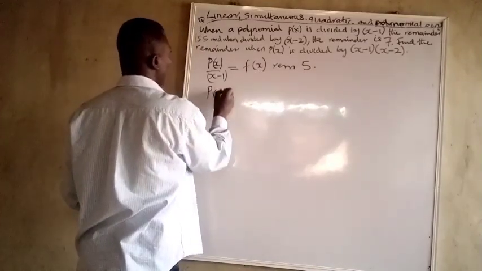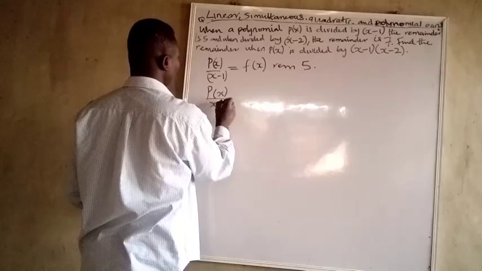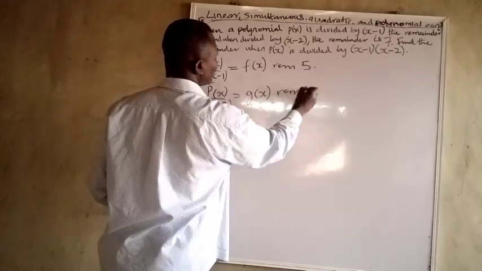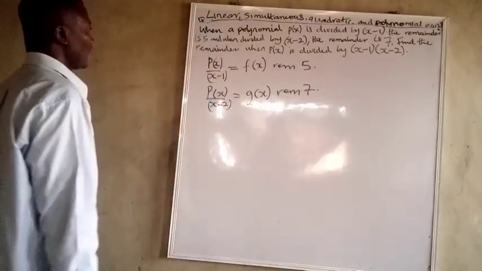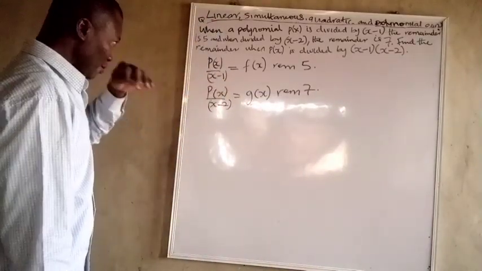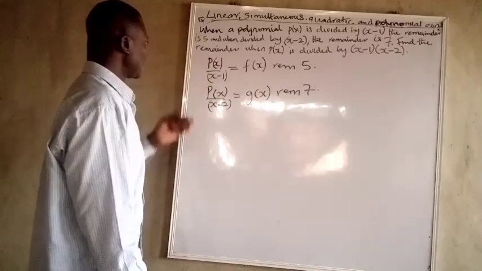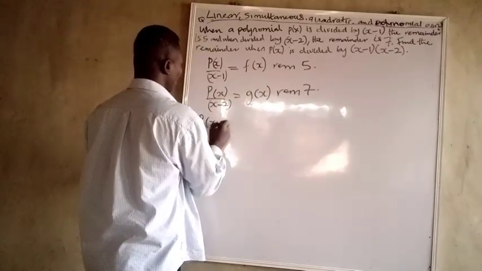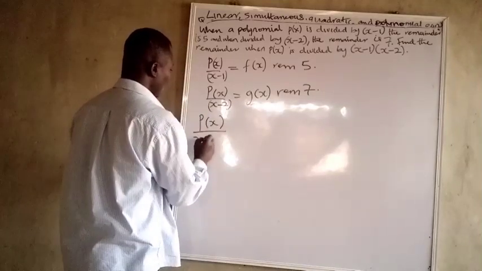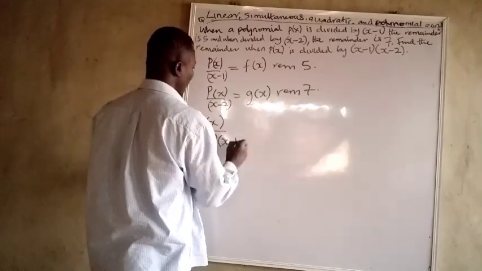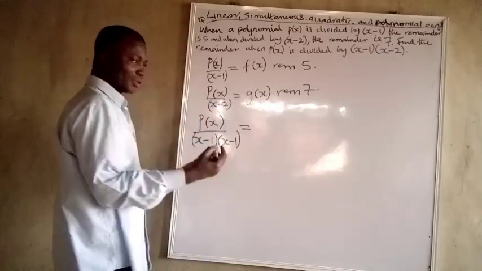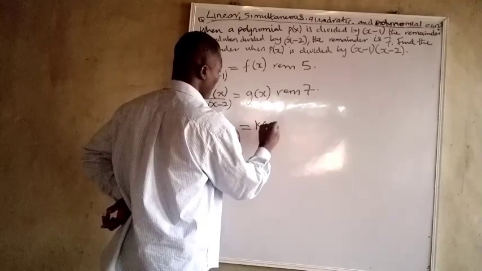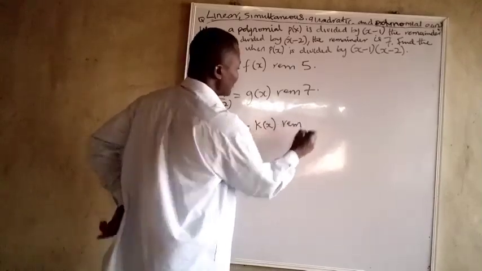When it is divided again by x minus 2, let's say we have the quotient as g(x), remainder 7. Now, because of what we have, there is a way we can represent p(x) again. Let's say p(x) is divided by (x minus 1)(x minus 2). It will give us something like k(x) and a remainder.